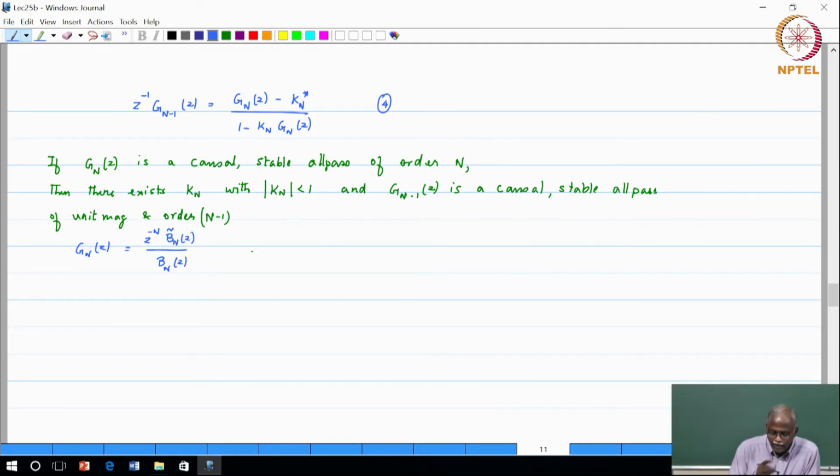If you wanted to write down the polynomial b n of z, we would write it in the following manner: b n comma 0, that means it is the 0th coefficient of the polynomial, plus b n comma 1 z inverse plus b n comma 2 z minus 2 dot dot dot plus b n comma n, the nth coefficient of the polynomial, z power minus n.